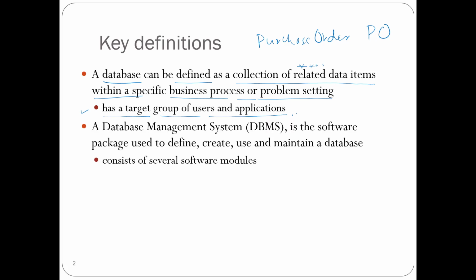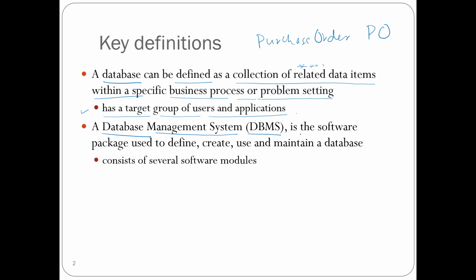Alright, so once we understood what database is, let's move on to the next important definition in ISE 503. It's the database management system, or in short you can call it DBMS. What is it?